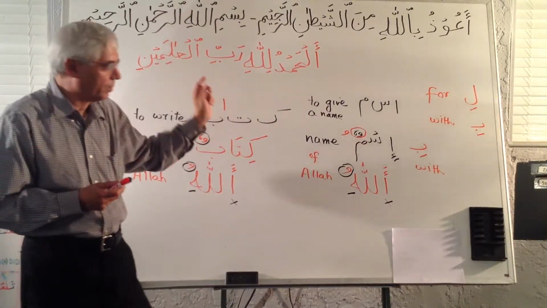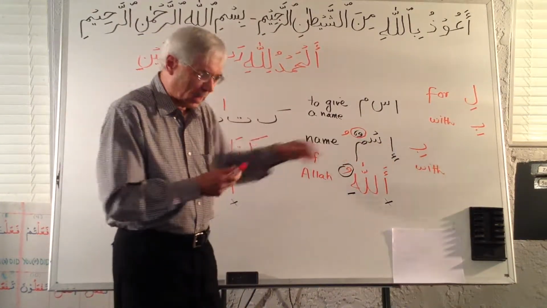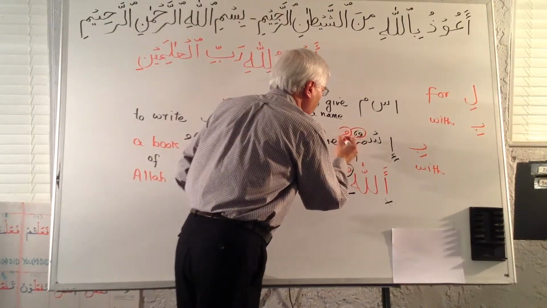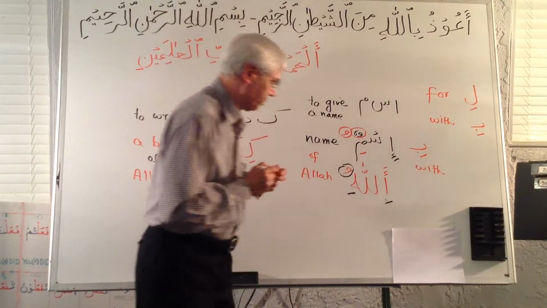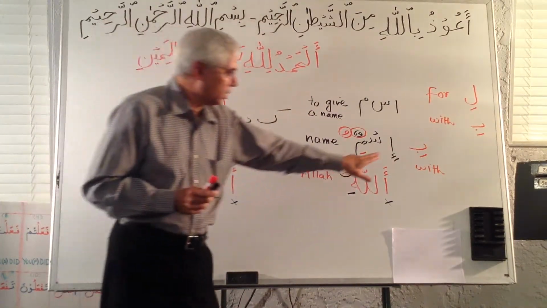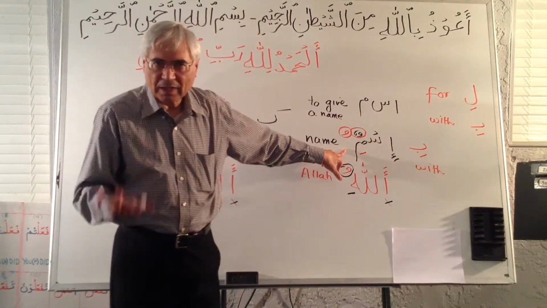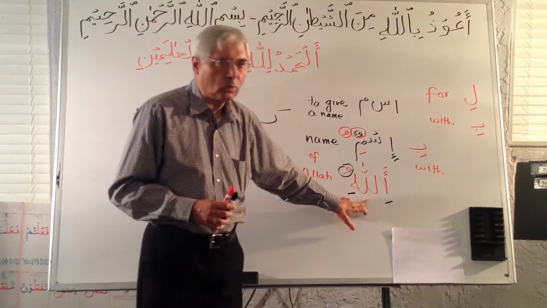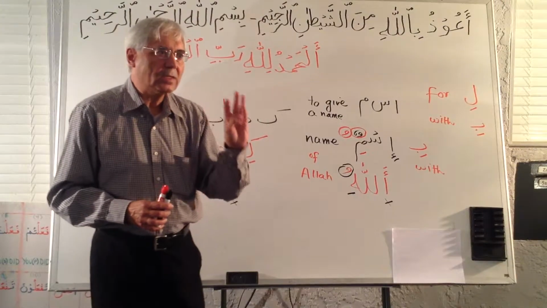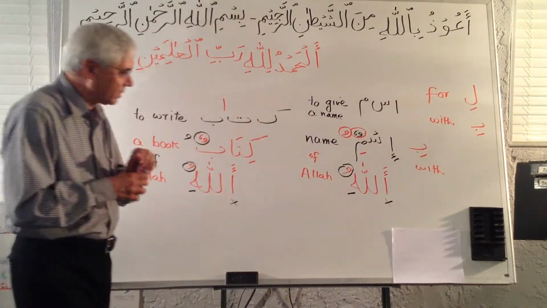Here the last letter is Ismu. It will become Ismi because of the bi. So now we have three words. Bi, which means with, Ismi, which is name, and the word Allahi. Bi, Ismi, Allahi. Now read them together, the same way.